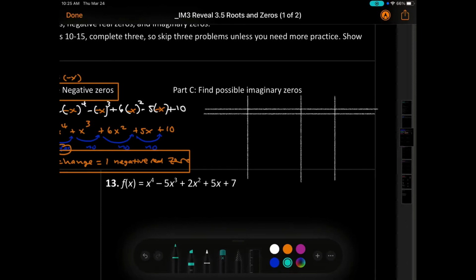We'll call this one positive reals, this one negative real zeros, this one imaginary zeros, and this one total zeros.